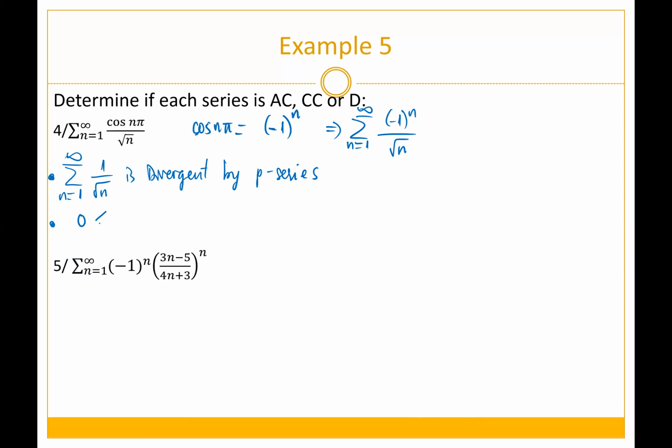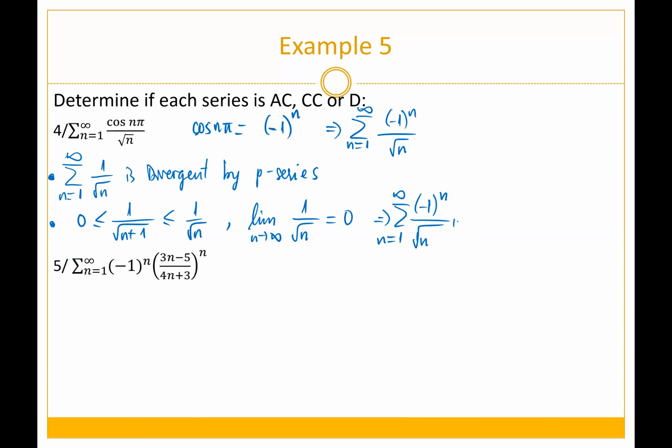So the second step is to use the alternating series test. You have a decreasing function, because of what happens in the denominator, and the limit as n approaches infinity of 1 over square root of n is 0. So my conclusion is the original series is convergent by the alternating series test, but the absolute value is not. Therefore, you conclude that it's conditionally convergent.